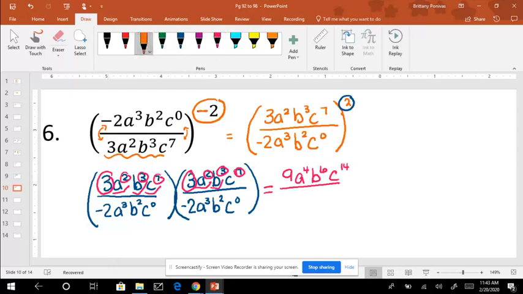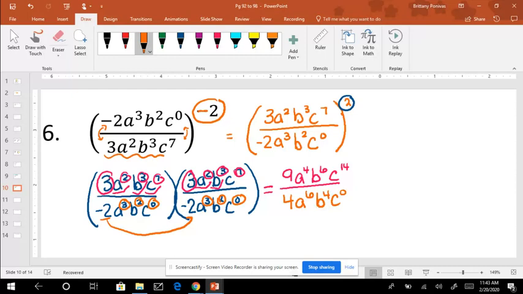On the bottom, negative 2 times negative 2 is a positive 4. A to the 3 plus 3 is A to the 6. B to the 2 plus 2 is B to the 4th. And then C to the 0 with 0 is just 0.